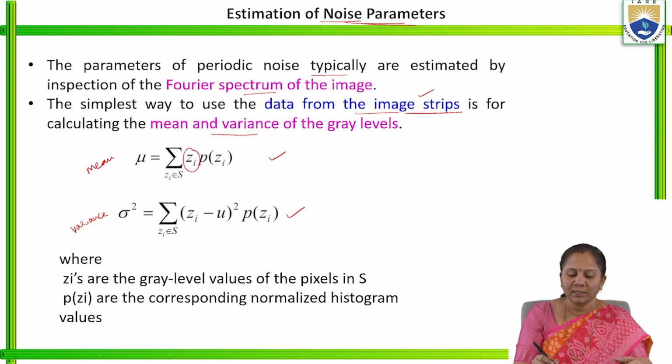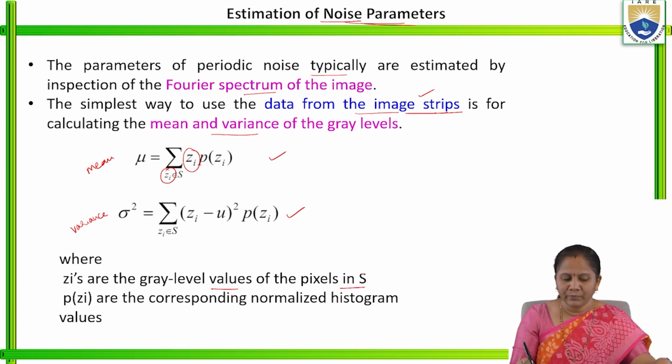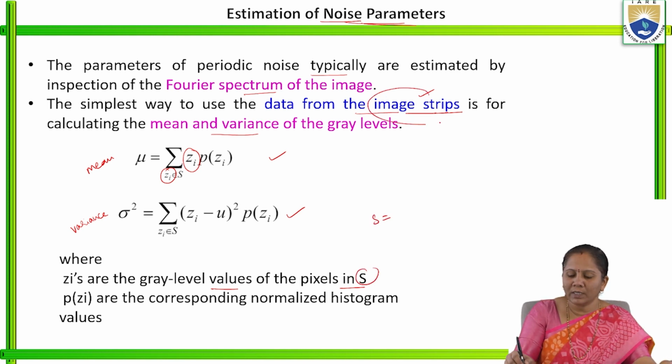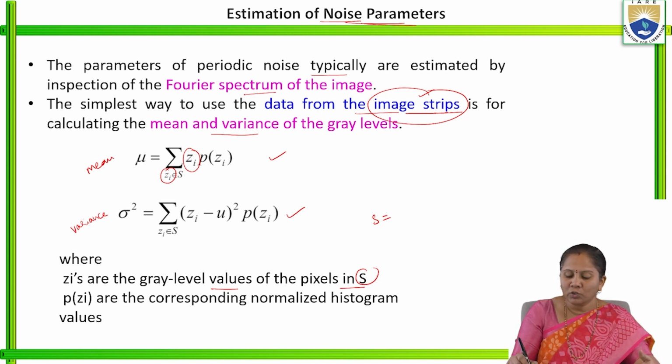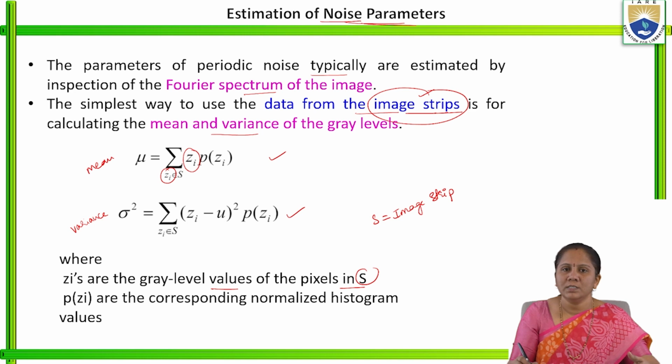In this formula, we can observe Zi. What does this Zi represent? This Zi is the gray level value of the pixel in S. What does S represent? Here we are going to consider image strips to find these parameters, mean and variance. So S is nothing but the image strip.